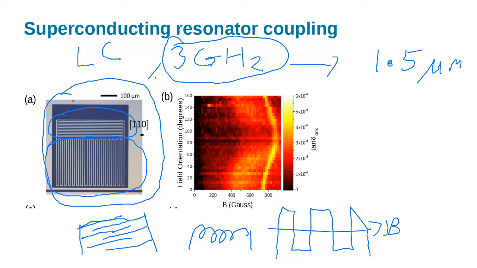The frequency is actually on the order of hundreds of terahertz of the light that goes down optical fiber. So we need to convert from 3 gigahertz electromagnetic radiation up to hundreds of terahertz electromagnetic radiation, which is the near infrared that's sent down optical fiber.